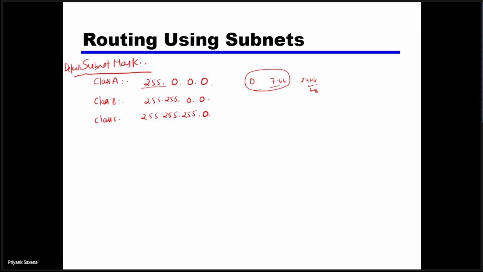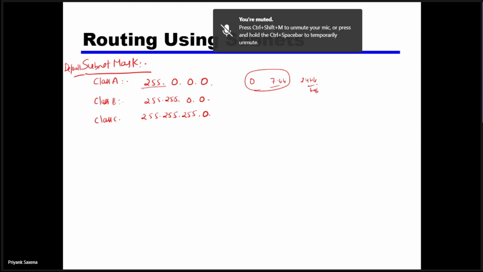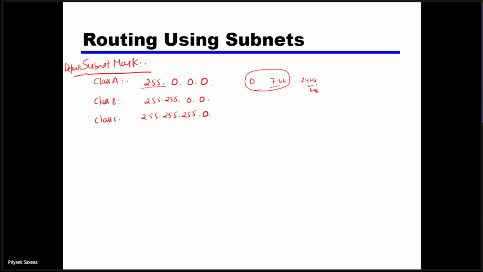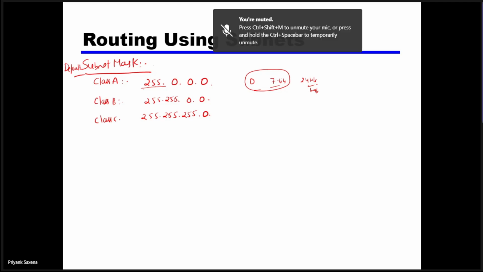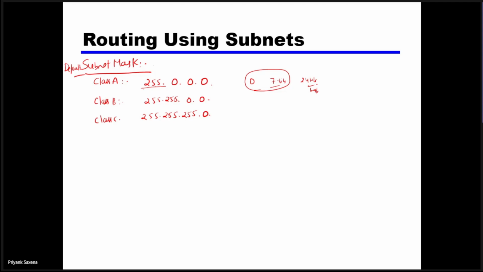I have to look at that diagram, otherwise anything can be given. So with respect to that example, if you have to choose any practical subnet mask, you can choose 255.255.224.192, any subnet mask you can choose.